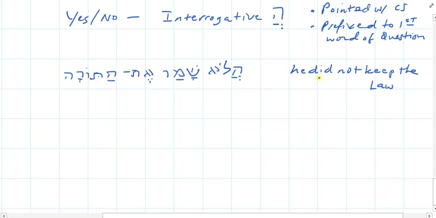And there's two ways to ask this question. I could leave the statement the way it is and have a rising intonation at the end. He did not keep the law? Now that's a yes-no question, right? Or I can reorder my words, and when I do that, I've got to put the word "did" where?